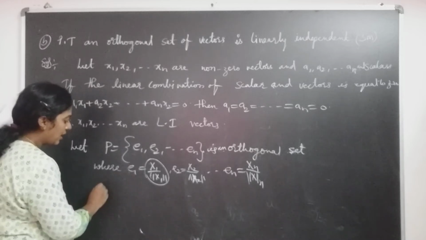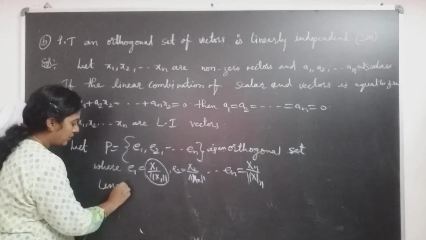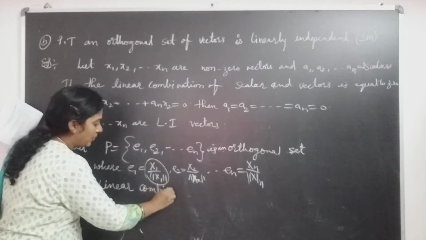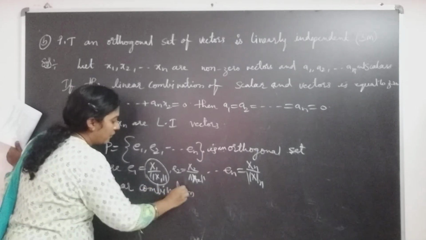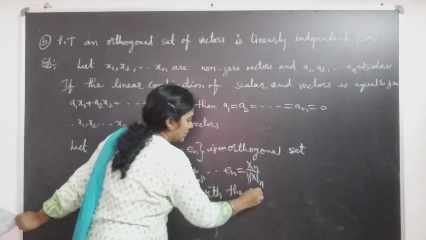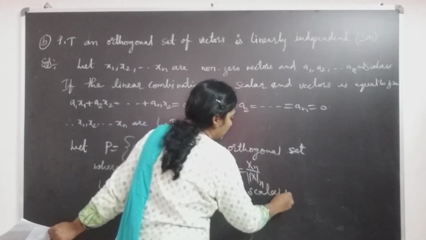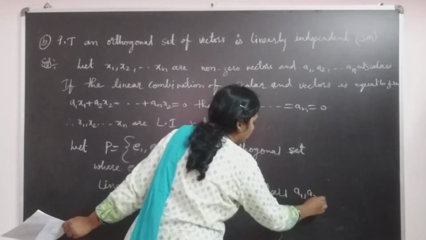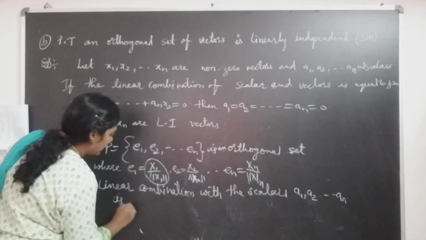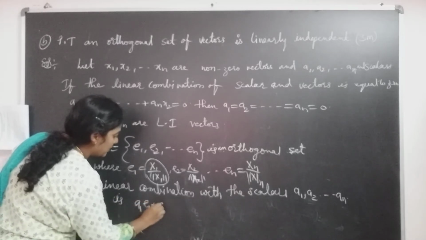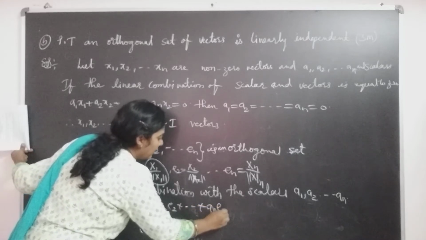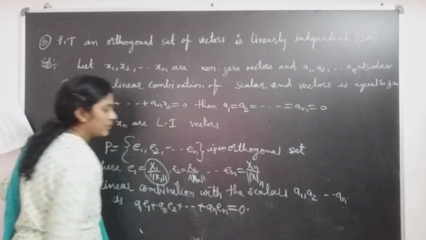Here we can take the linear combination with the scalars a1, a2, so on an: a1 e1 plus a2 e2 plus so on plus an en is equal to 0.